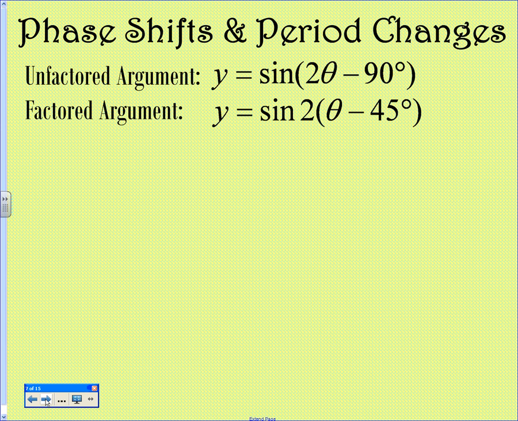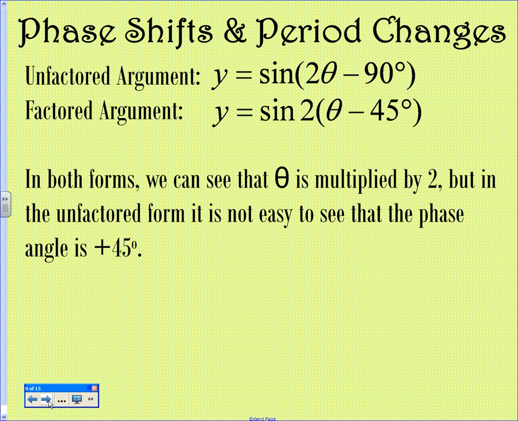We don't want to have it unfactored because of the information that it gives you. In both of them, you can tell that your theta is multiplied by 2. You have a 2 theta, and then you have a 2 times theta. It means the same thing. But for the unfactored, you have a minus 90 degrees. We can't exactly tell what our phase angle is on that one, but whenever it's factored, we can easily tell that the phase angle is a positive 45 degrees because it's theta minus 45 degrees. Remember, the sign is always opposite.